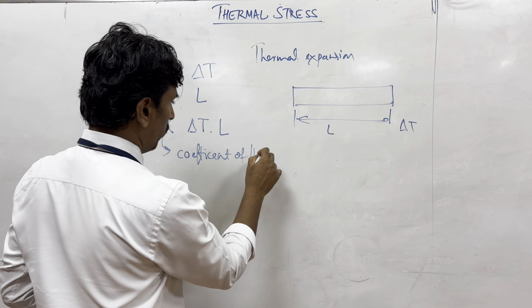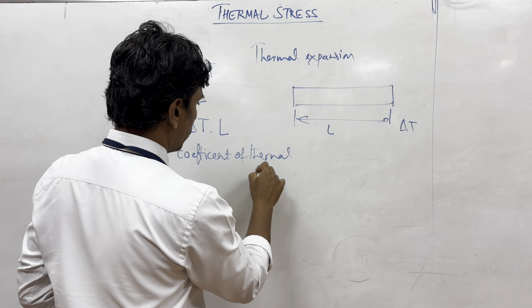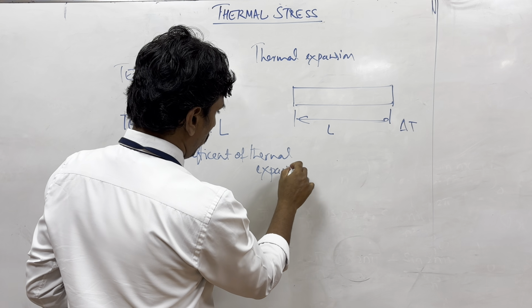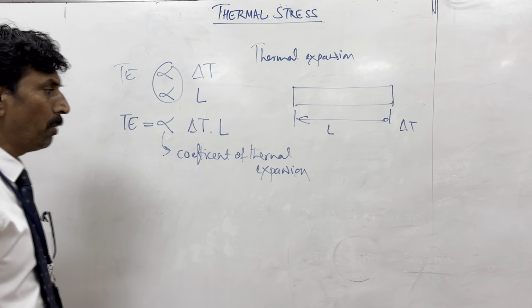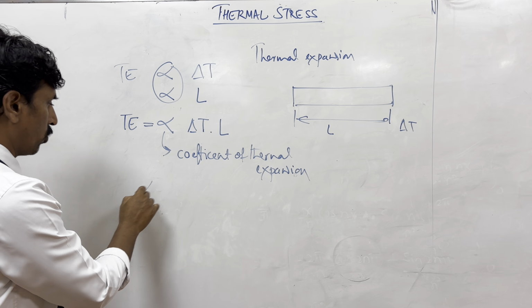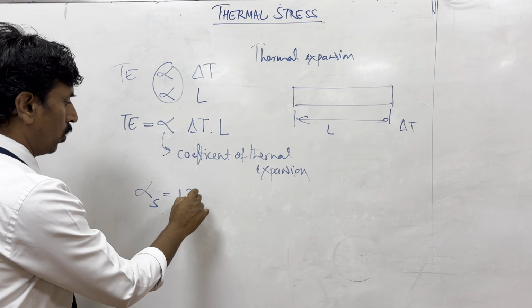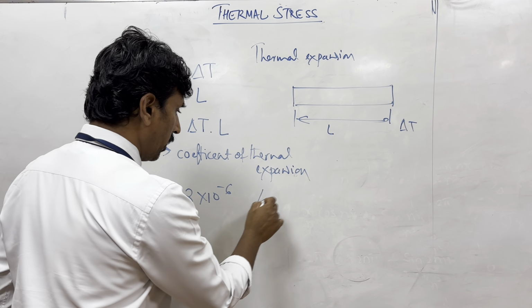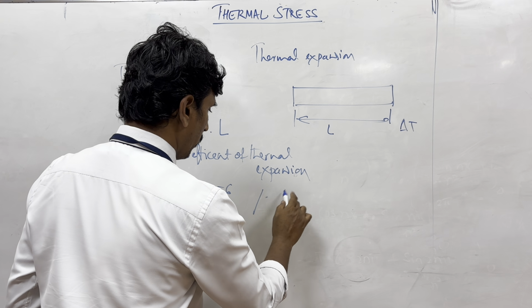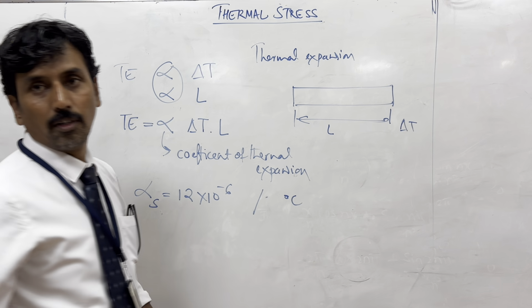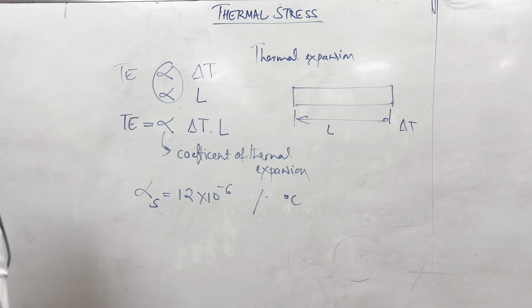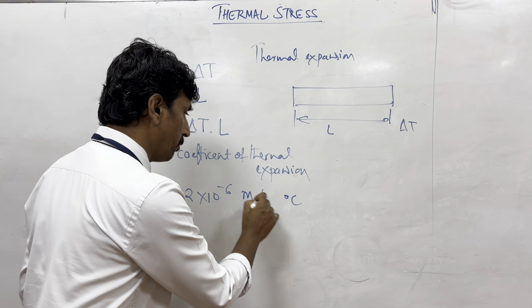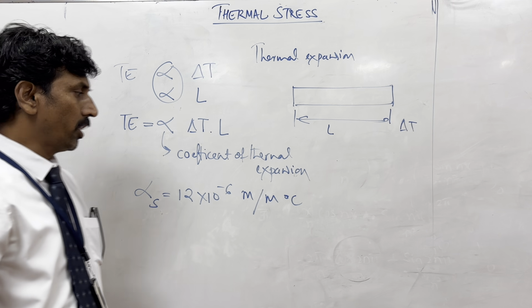A few example values: for steel it is 12 into 10 to the power of minus 6 per degree centigrade, which we actually have to remember. This is meter per meter degree centigrade.